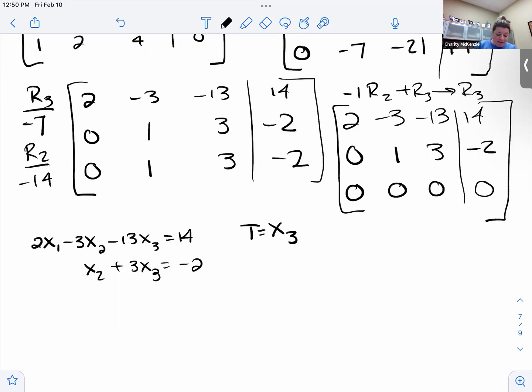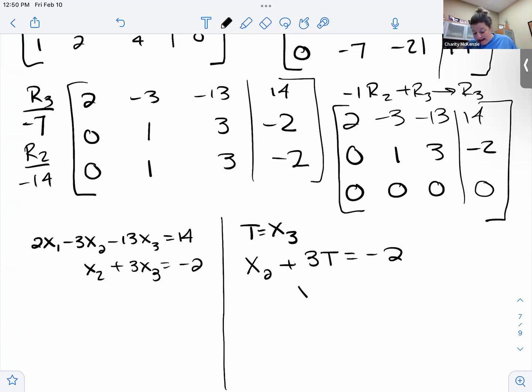So on the bottom function, I am now going to replace x3 with t and solve that one in terms of x2. So I have x2 plus 3t equals negative 2. Why do they change it to a t? They change it to another variable because they want to say x2 equals whatever number you pick, but it has to be in this format.